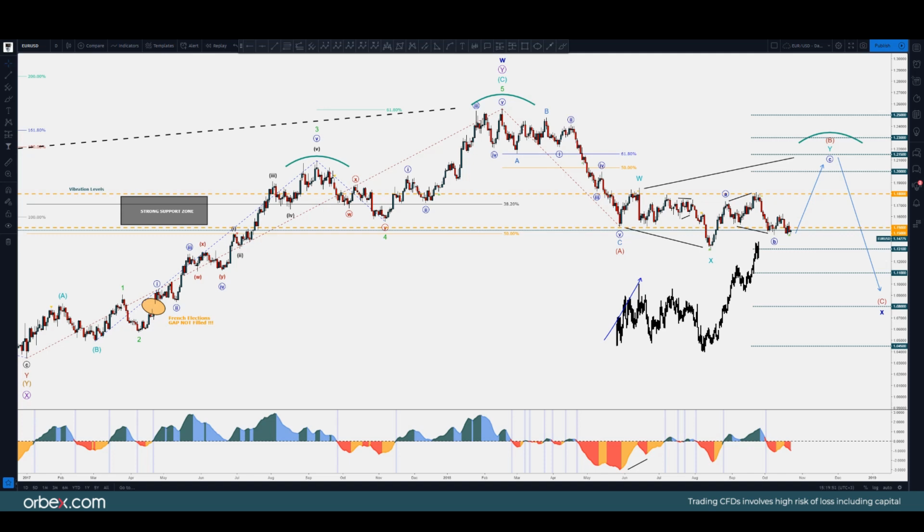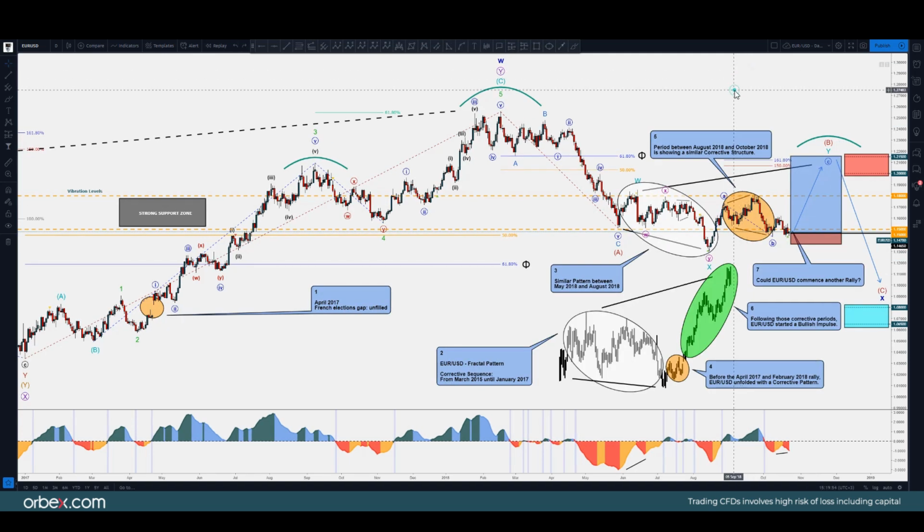It could act like an infographic, like a little illustration on technical analysis. So let's analyze this a little bit more. I made this in steps: 1, 2, 3, 4, 5, 6, 7, right? 7 easy steps. So basically, first point right here, the April 2017 French elections gap remained unfilled, right?